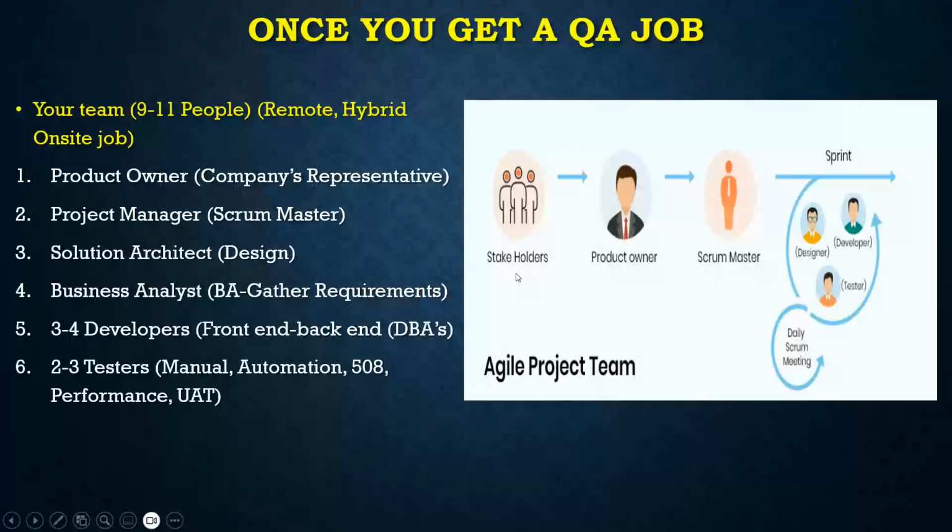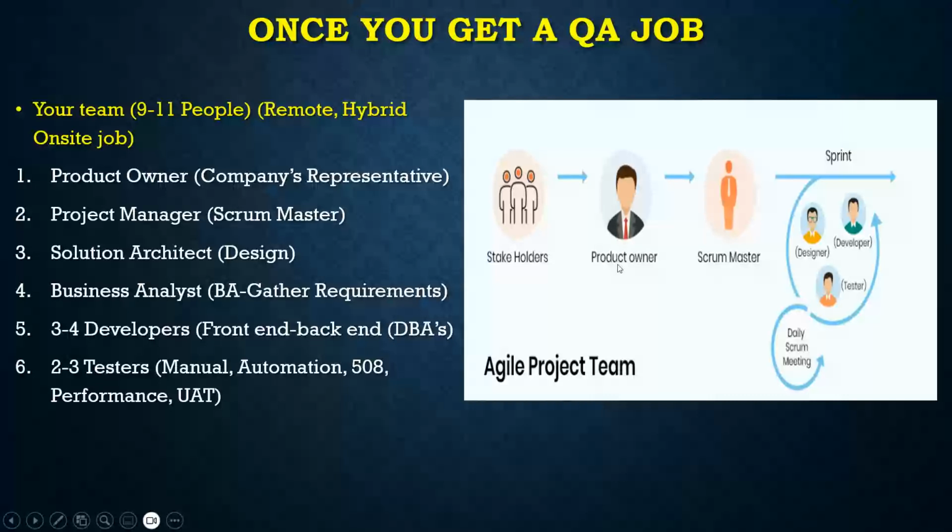Let's say you have a requirement that after stakeholders, your website should display product owner, and on top of the product owner, there should be an image, a dummy image. So your job is to find out whether the product owner is displaying, the spellings are correct, the image is displaying, and the image is not blurry, it is a visible image.